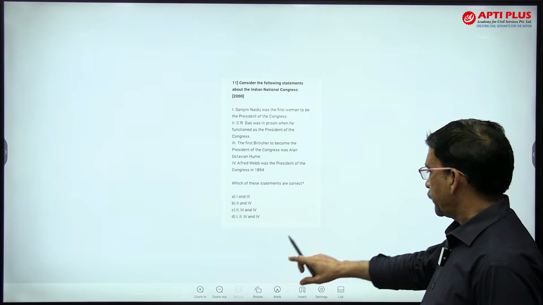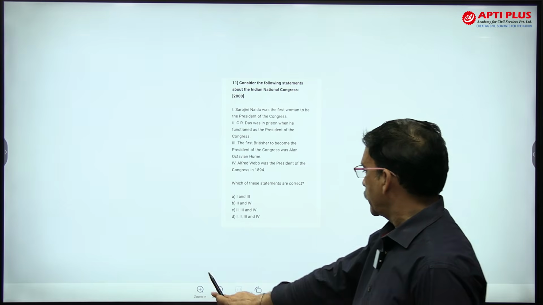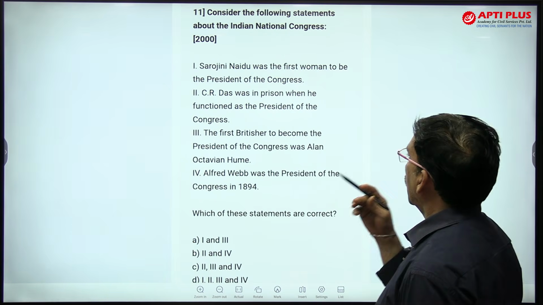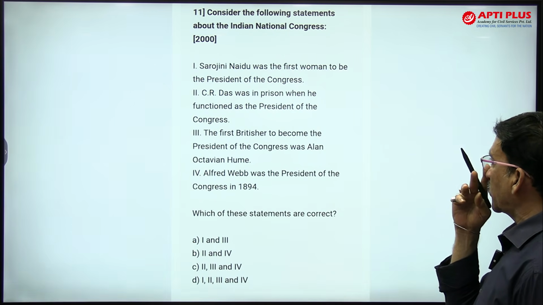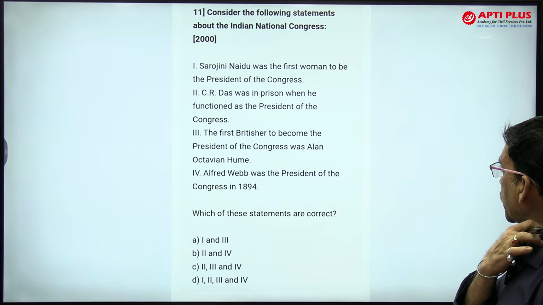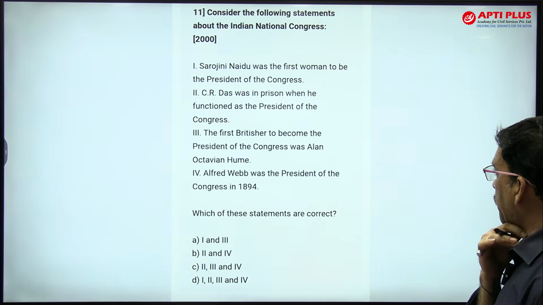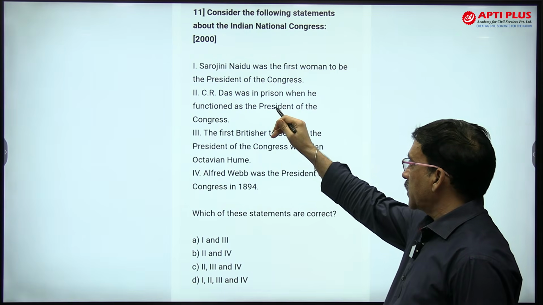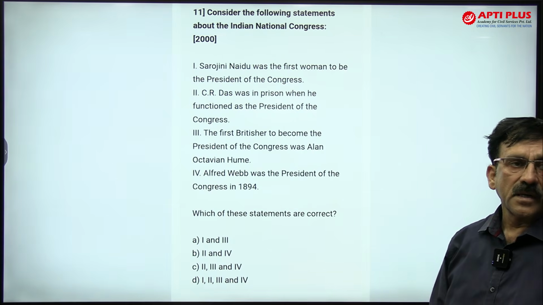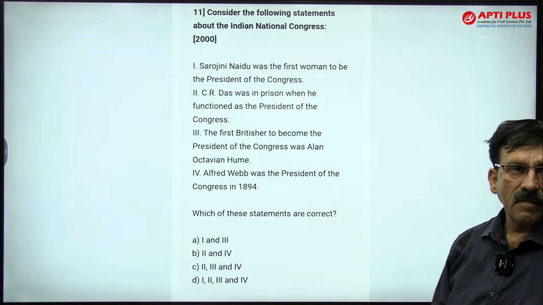Let us see this question. Sanjay Bhardwaj was the first woman to, I think we have discussed now, this question has been repeated. Annie Besant was the first president. Siya Das was in prison, yes. He presided in 21 while he was in prison.